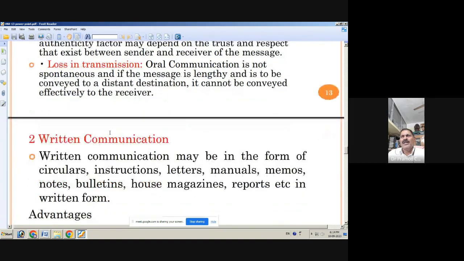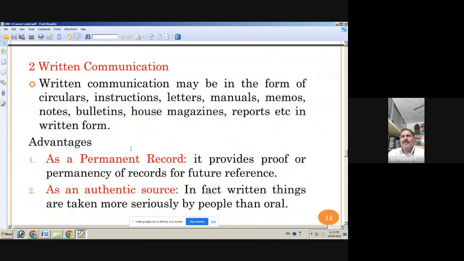But on the contrary, written communication is always provided in the organization in the form of circulars, instructions, letters, manuals, notes, bulletins, magazines or reports, whatever it may be, in written form.